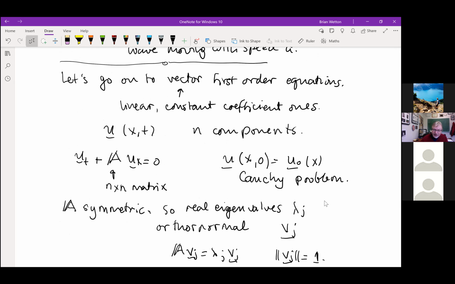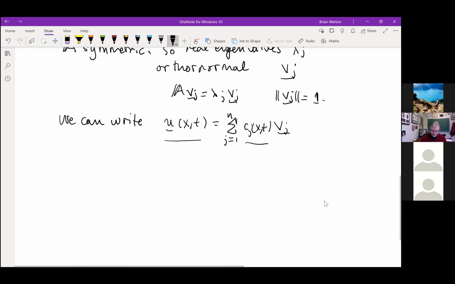We can do this whole game with A depending on t, but that's more complicated. So this is just going to be constant in time. In the lingo, this is an autonomous problem. So v_j is not depending on time, but the coefficients could.